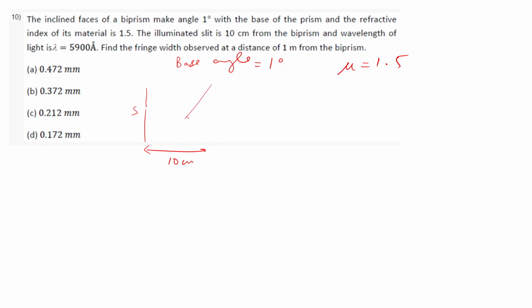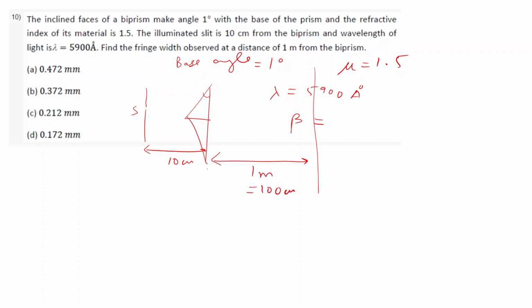The biprism is like this. This is the base angle. Wavelength of light used is 5900 angstrom, and the fringe width is observed at a distance of 1 meter, meaning 100 centimeter from the biprism. There is a screen where we need to find the fringe width.